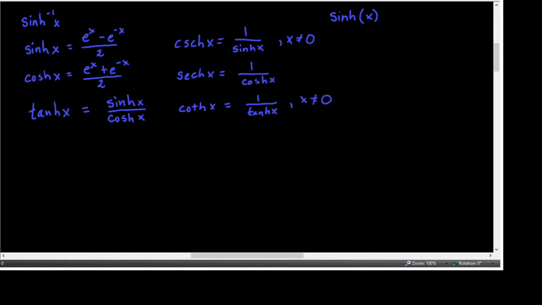Now, if you look in the next page, there are the graphs of those 6 functions, their domains and their ranges. So take a good look at those, and the accompanying dotted line graphs are interesting because you can see how hyperbolic sine of x falls between those two functions, f of x equals e to the x over 2, and g of x equals the opposite of e to the negative x over 2.